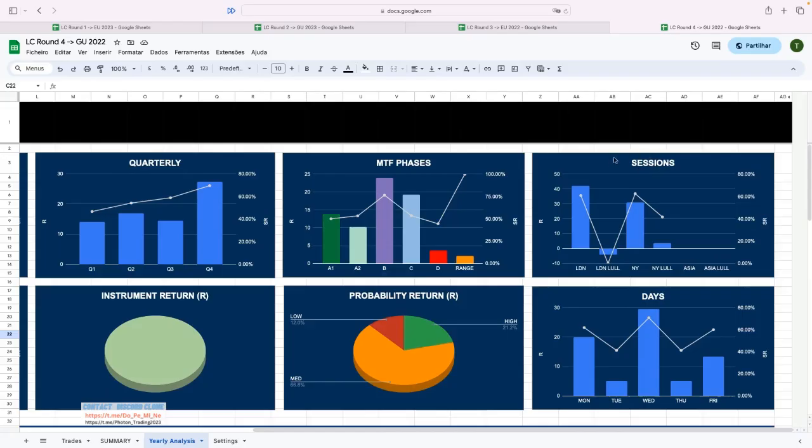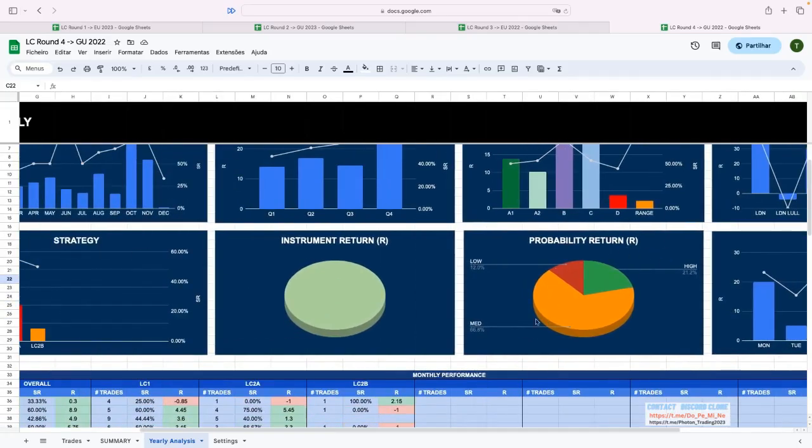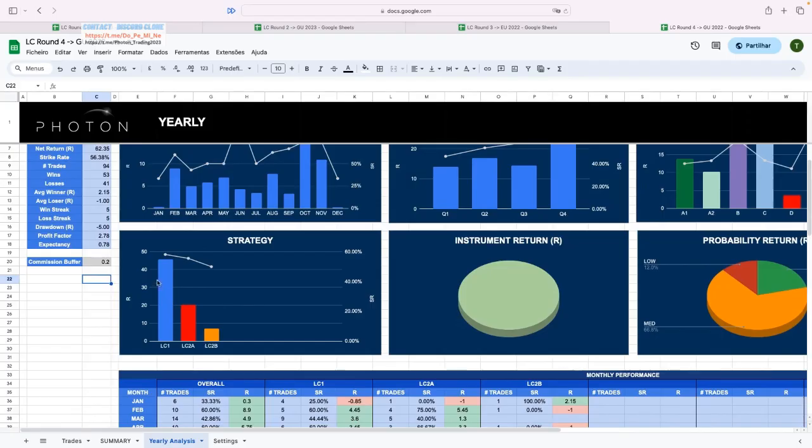It's something I'm really interested in, because London Lul doesn't work and New York Lul doesn't work. The majority of the probability return comes from medium probability trades, and LC1 right here, LC2A and LC2B. Okay, this is one type of entry model that you don't need to take.